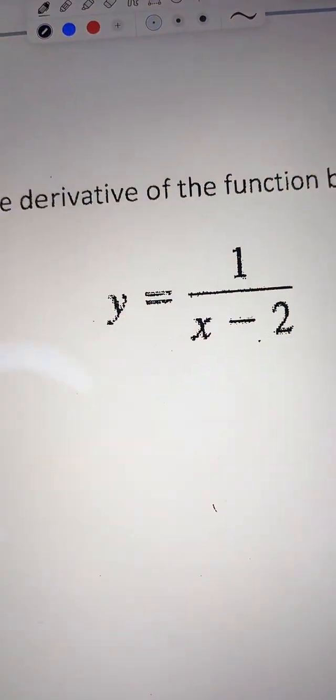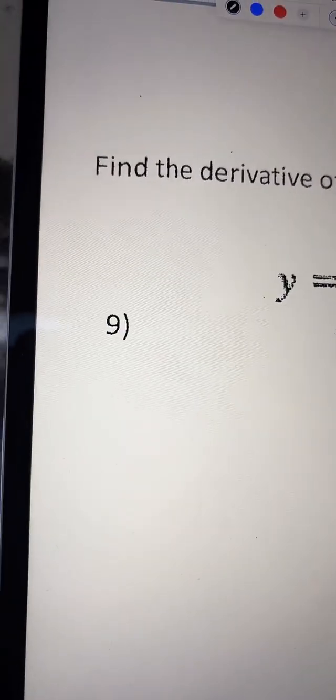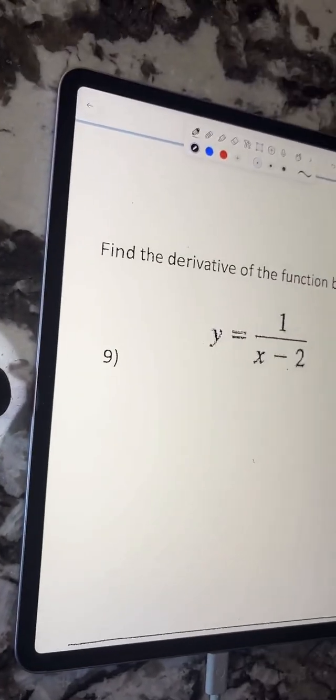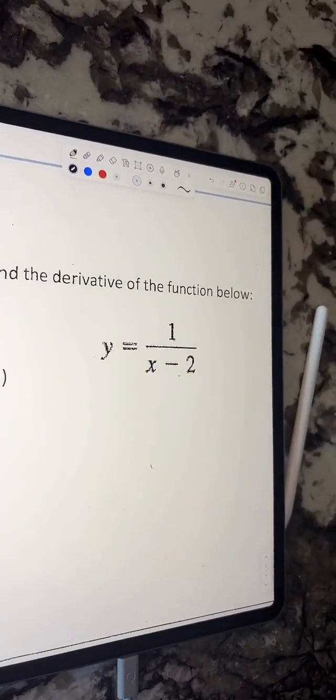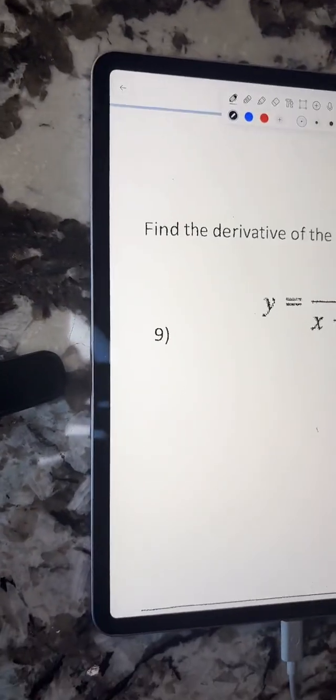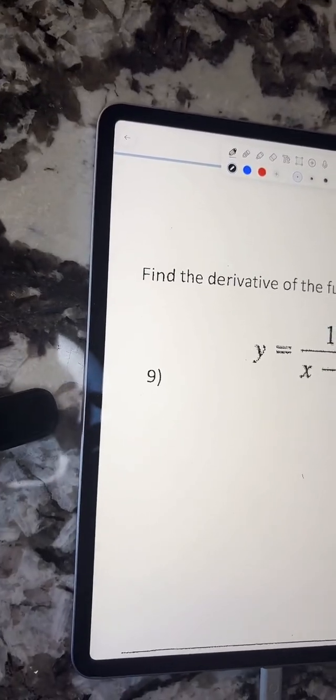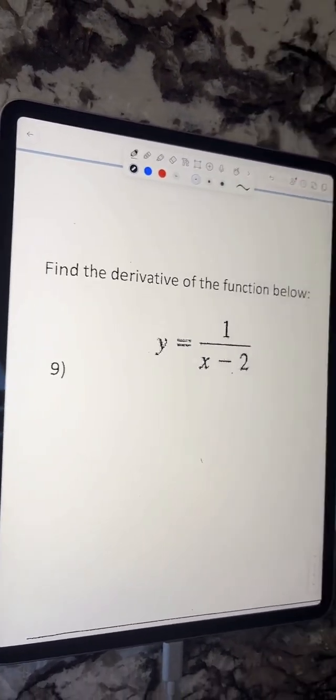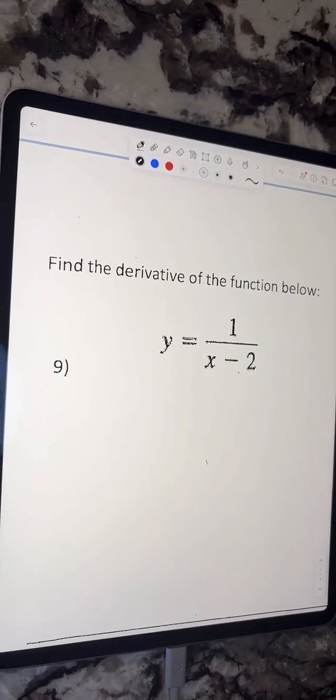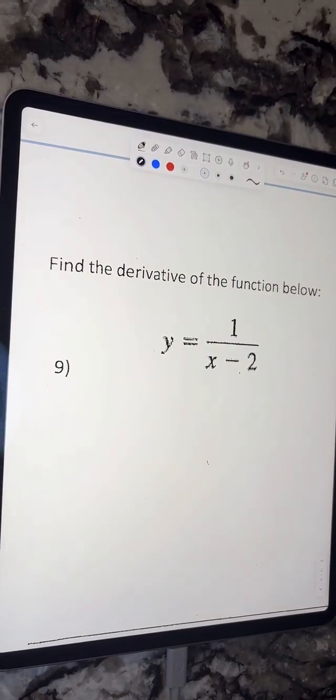Someone is asking a great question. Do we have to use the quotient rule? Do we use the quotient rule here? What do you guys think? Should we even use the quotient rule here?